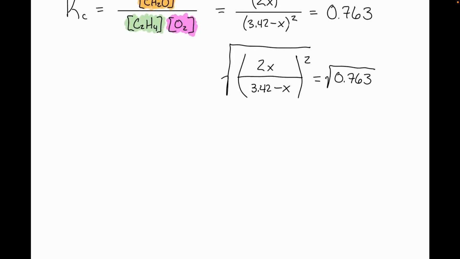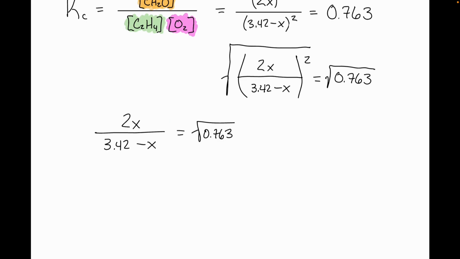All right, so now I've got 2x over 3.42 minus x equals that square root of 0.763. I could figure out what that number is. I'm just going to leave it like that and punch it into my calculator like that. But if you wanted to, figure out what the square root of 0.763 is, you could do that.